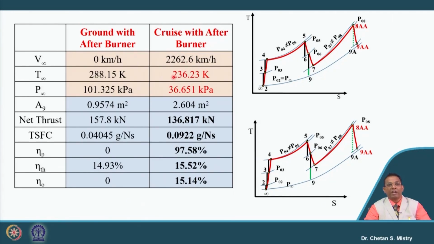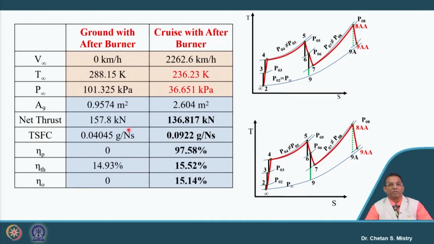The temperature and pressure are different, because we are discussing the cruise condition at 8,000 meters altitude. If we compare the exit area, it is 0.95 for the ground condition. For the cruise condition, this area comes to be 2.60.